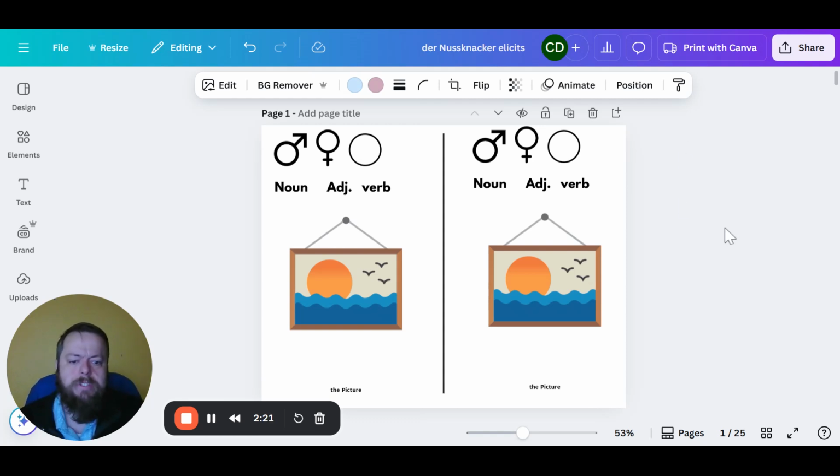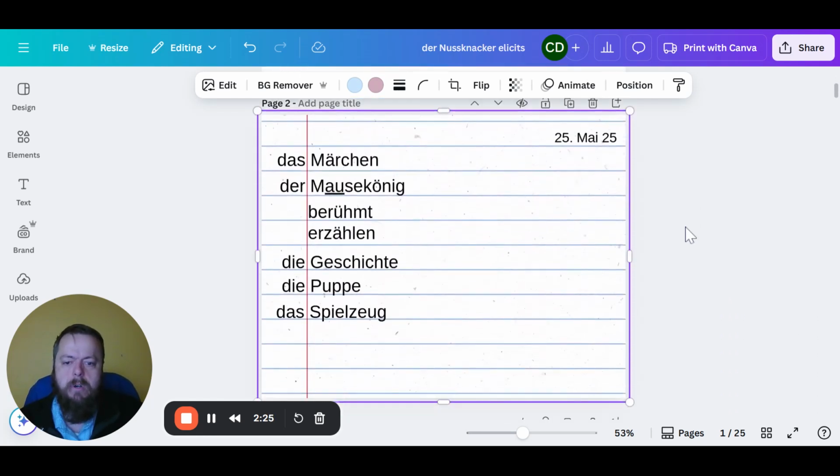Once you have your design set up, you're going to tell students at the beginning of class, hey guys, here's our vocabulary for today. You're going to write down this list. You give them a couple minutes to write them down. I also make sure that they take care to write the date in the correct way.